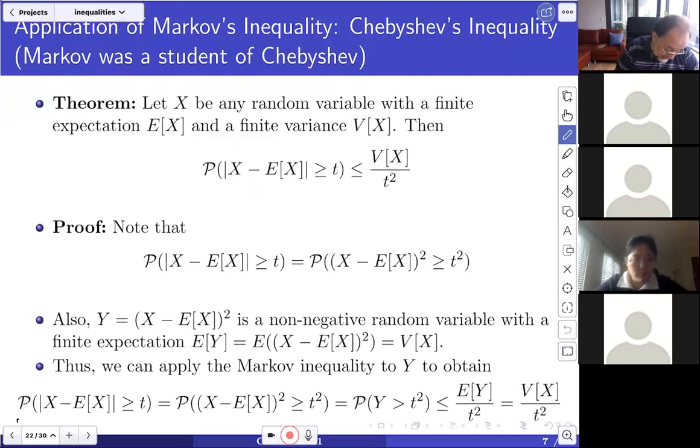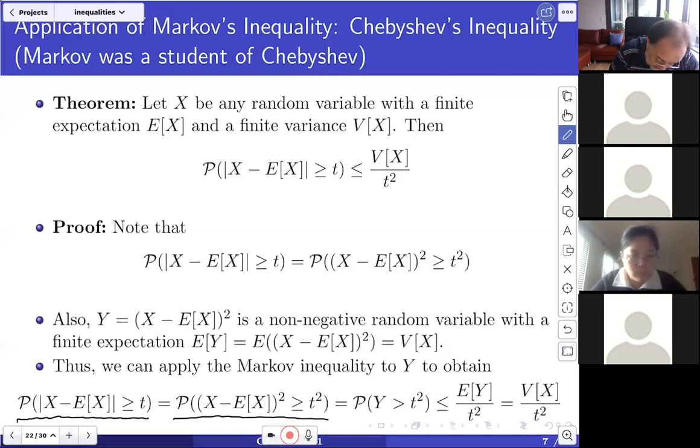Well, the probability that the absolute value of x minus E of x is bigger or equal than t is, as we just noticed, exactly equal to the probability that this random variable y is bigger or equal than t squared. So what we have here is the probability that a non-negative random variable, namely x minus E of x squared, is bigger than the bound t squared, right? By Markov inequality. So Markov inequality applies because y is non-negative.